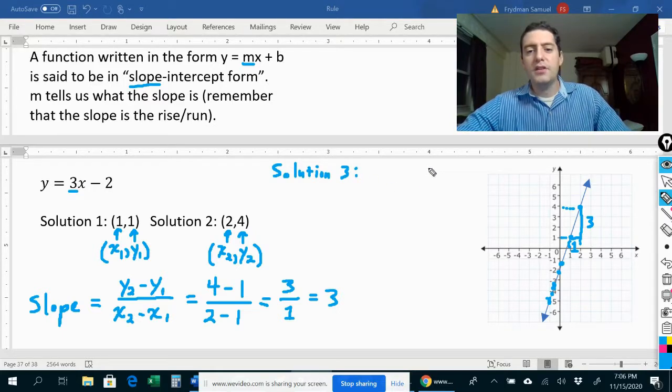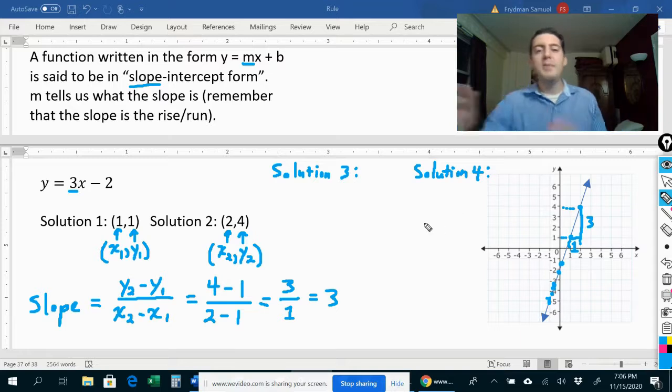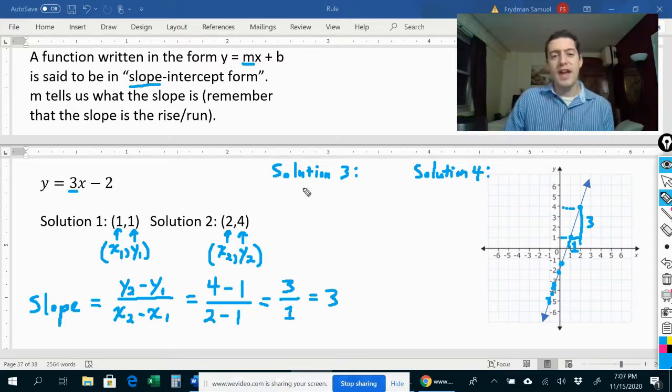And what if we had another solution, and we'll call that one solution 4. All right, now I'm not even going to tell you what the actual numbers are. Like here you knew the numbers were 1 and 1. Here you knew the numbers were 2 and 4. I'm not even going to tell you what those numbers are.